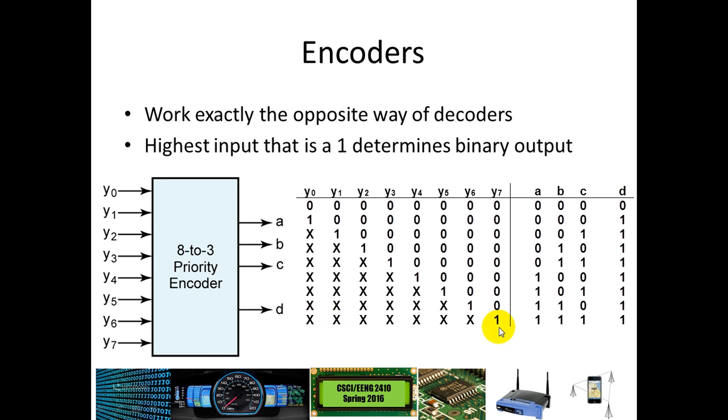Y7, since it's the highest, takes precedence, and you will get a 7 out. And of course, it's binary for 7, 1, 1, 1. And then your D will also be high to indicate that. If line 7 is not active and line 6 is, again, you don't care about anything less than 6, you'll get 1, 1, 0 for your output, and it follows all the way down through Y0 being the least priority.